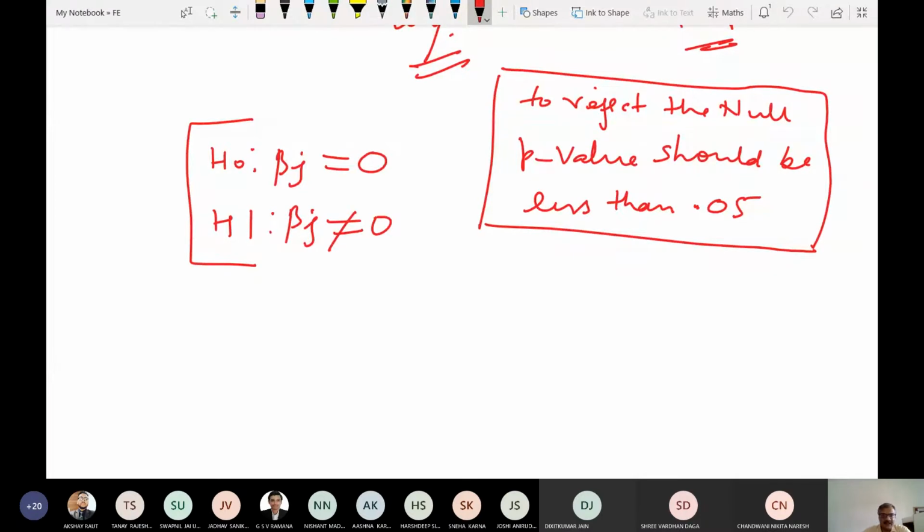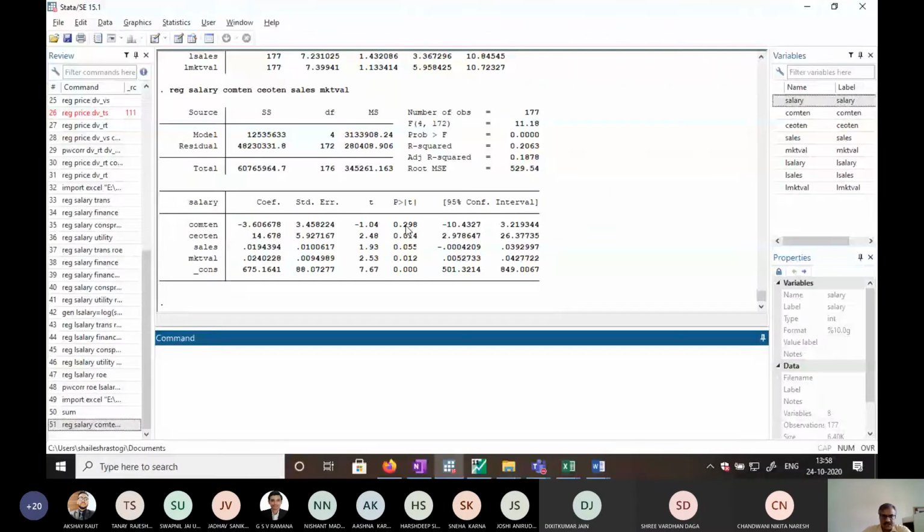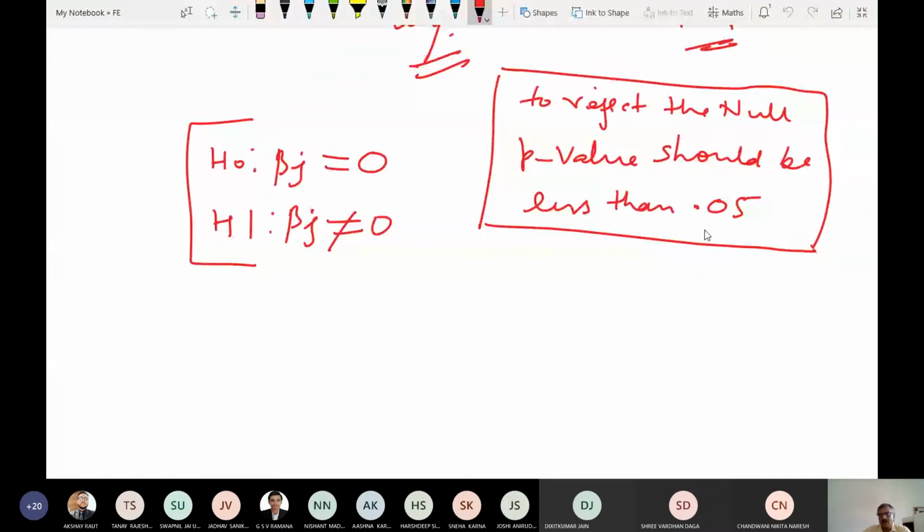So keeping that in mind, as we go through, the first p-value is 0.298. The p-value is not less than 0.05. So we cannot reject, and rather in the case of the first, which is company tenure, we are finding that the p-value is not less than 0.05.